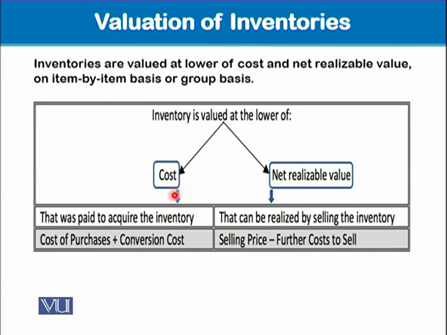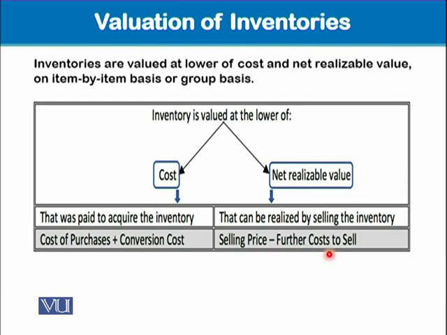What is cost? That which we have paid to acquire the inventory, which is the cost of purchase plus the conversion cost. And what is net realizable value? That which can be realized by selling the inventory, which is the estimated selling price minus further cost to sell.